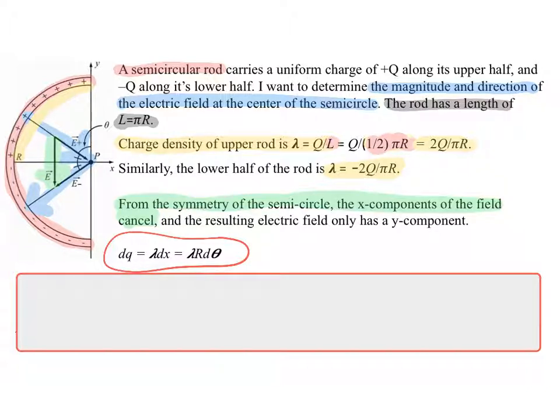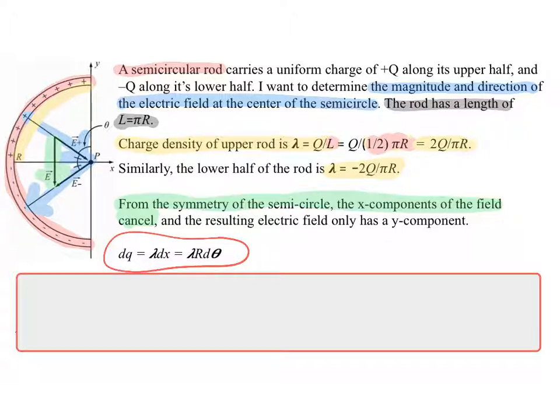dq, well, little d, calculus-based physics, that's a differential, meaning an infinitesimally small chunk of whatever. So every little chunk of charge is going to be equivalent to the density times a chunk of length. Okay, because charge density was charge per unit length.